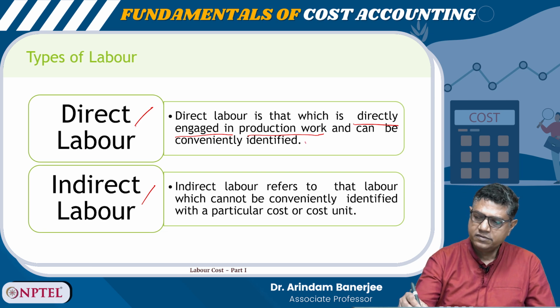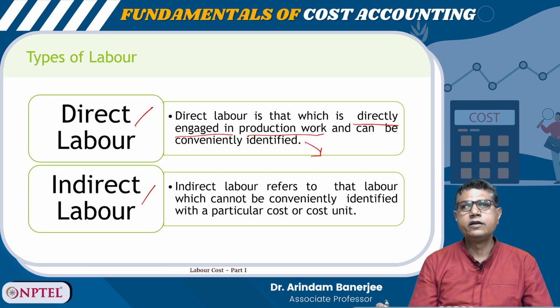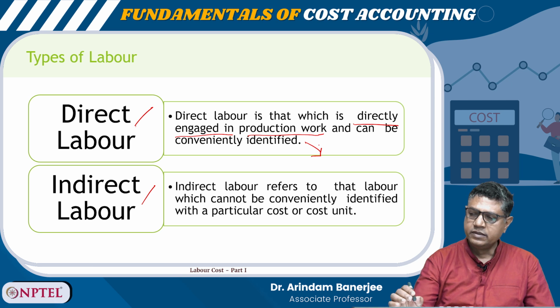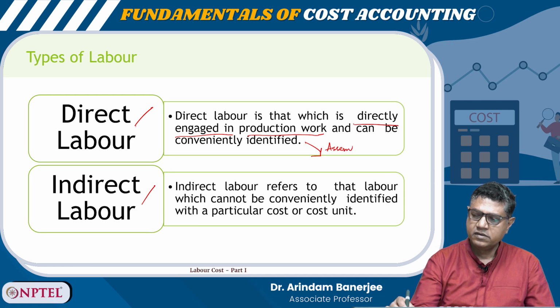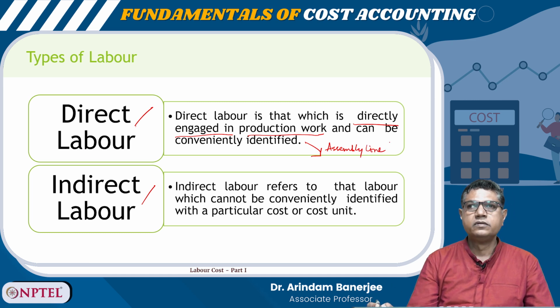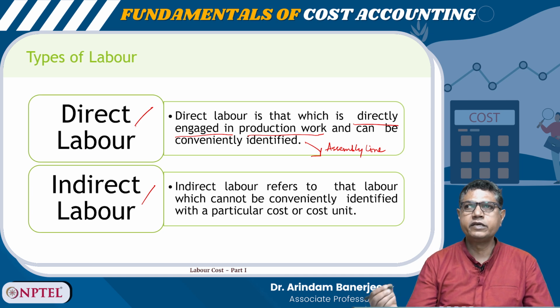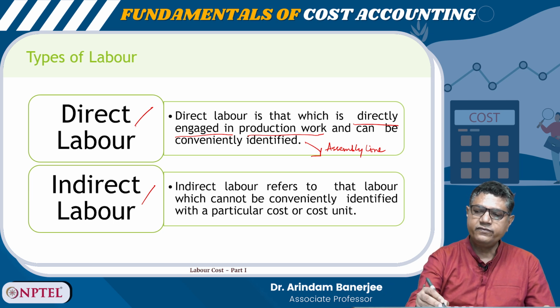Example, in an automobile industry, the workers employed with say assembly line, the people who are assembling the vehicle, right, directly working on the production. So, this is an example of direct labor.